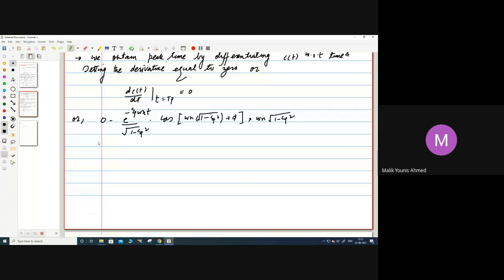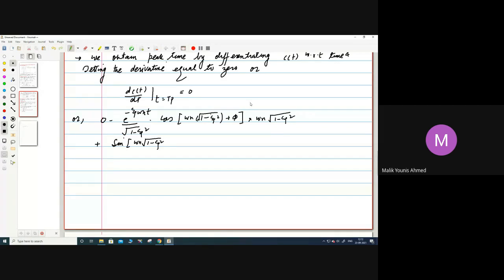Plus, second is sine of omega n under root of 1 minus xi square, okay, plus phi.